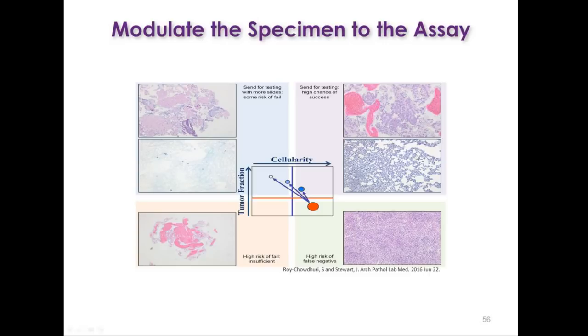You'll get a good DNA yield and it'll work for whatever molecular test you're sending. The low cellularity and low tumor fraction samples, again, not an issue, because these will not work. You will not get an adequate DNA yield. It doesn't have adequate tumor cells. So these are usually rejected up front.